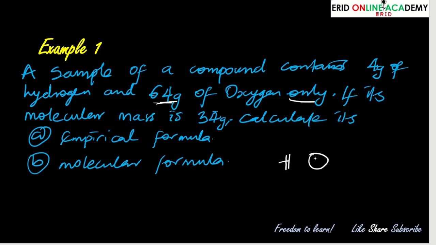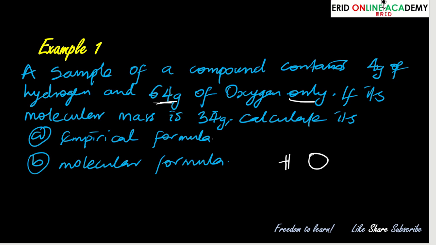Those are the two elements that are constituents of this compound. If its molecular mass is 34 grams, determine its empirical formula. And the second question says, its molecular formula.